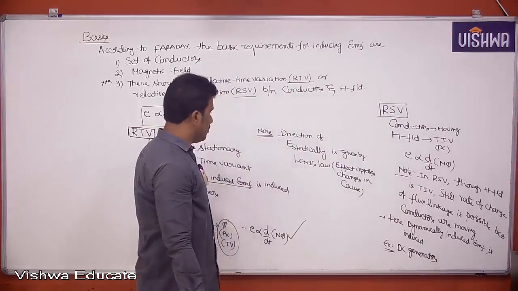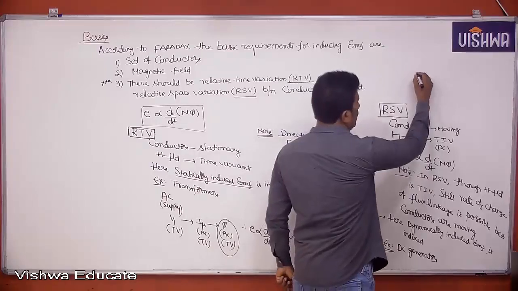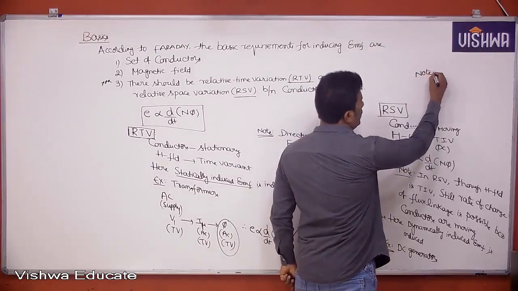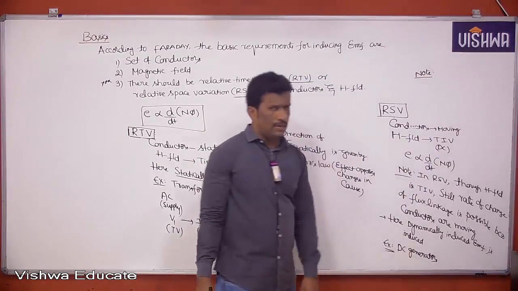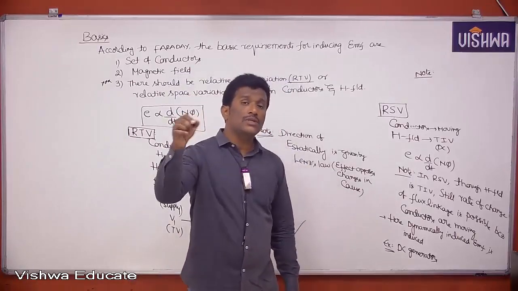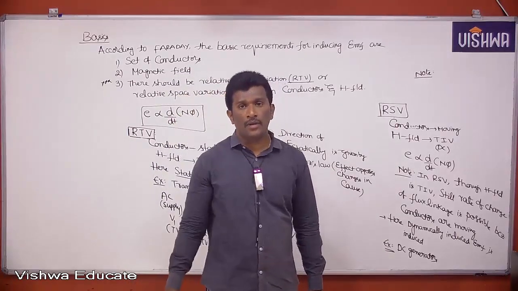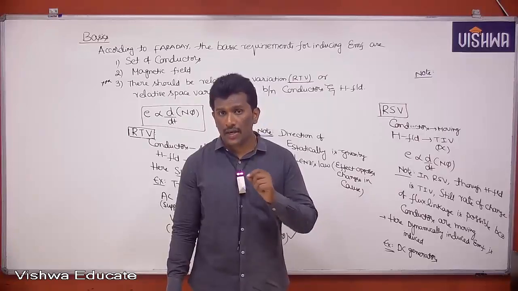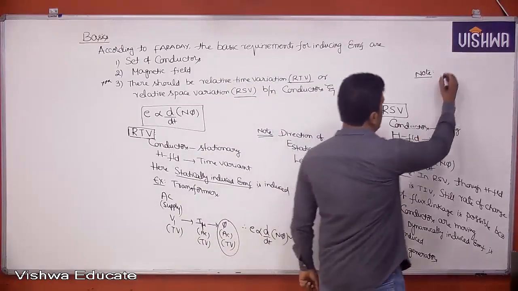Okay. Next, one more note. Here I can write: whatever dynamically induced EMF is induced here in case of these generators, the direction of dynamically induced EMF is given by Fleming's right hand rule. Let me write here.